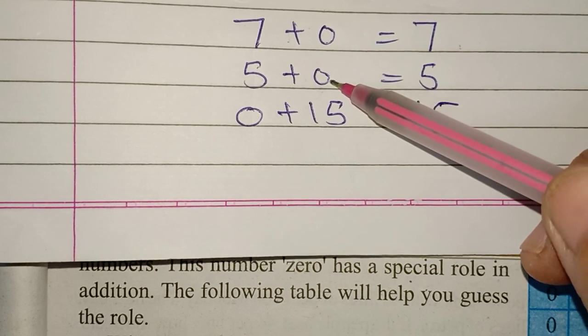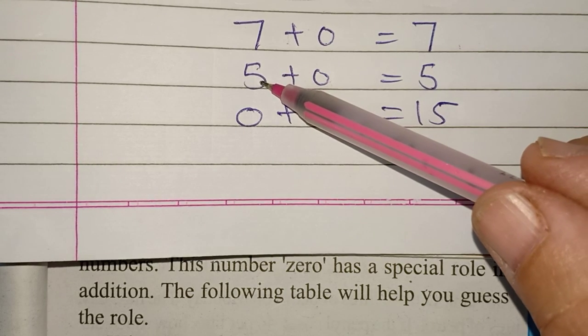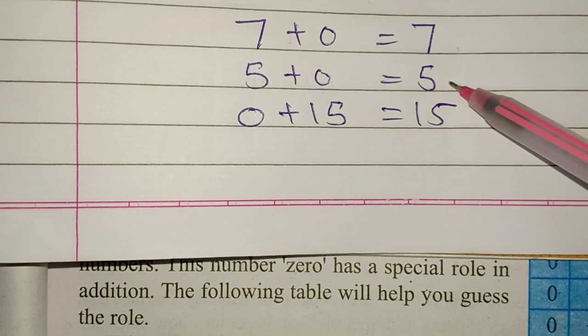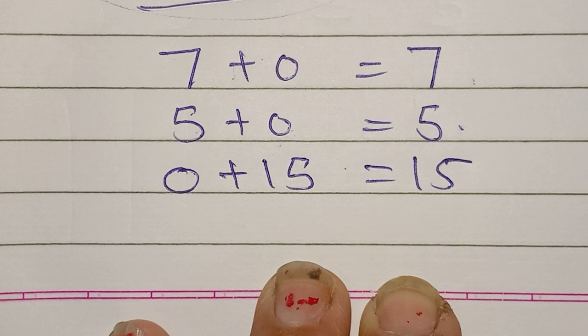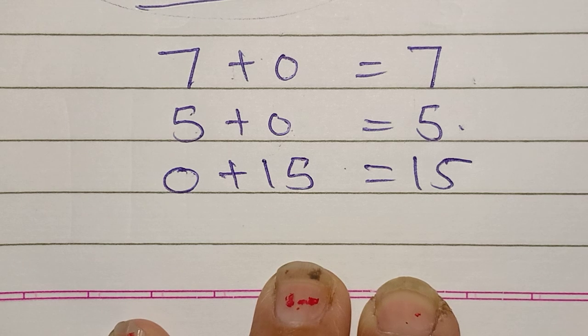Whenever we add 0 to any whole number, the answer is the number itself. So we can say that 0 is called an identity for addition of whole numbers, or additive identity for whole numbers. Remember this sentence: 0 is called additive identity for whole numbers.